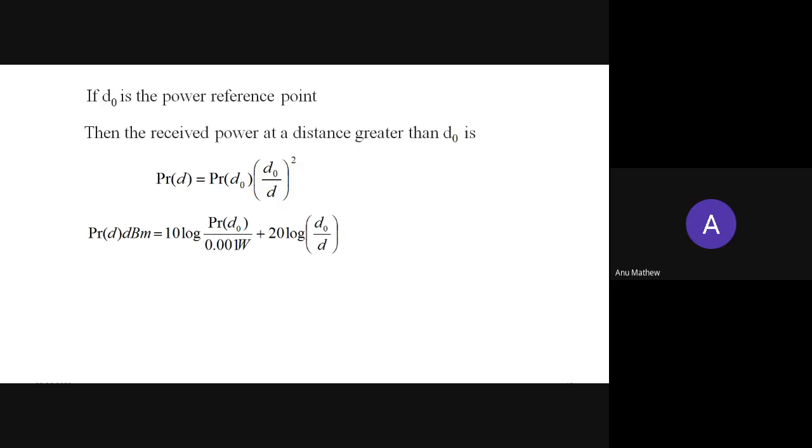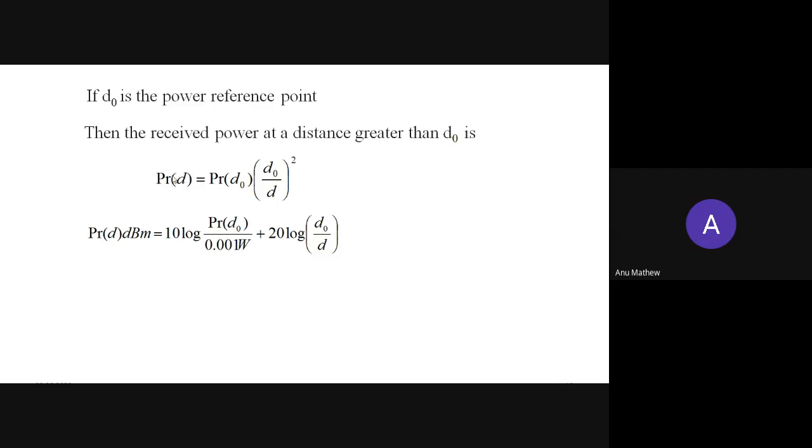And if D naught represents the power reference point, then the received power at a distance greater than D naught is given by PR at a distance D equal to PR at D naught, that is the received power at the reference distance, into D naught divided by D, the whole square. Okay.